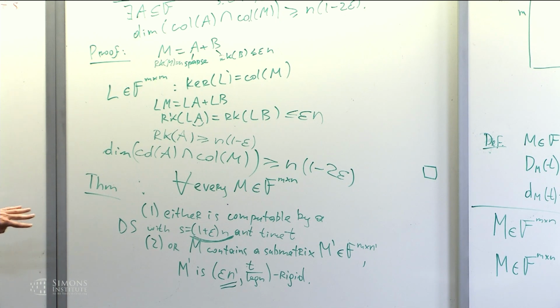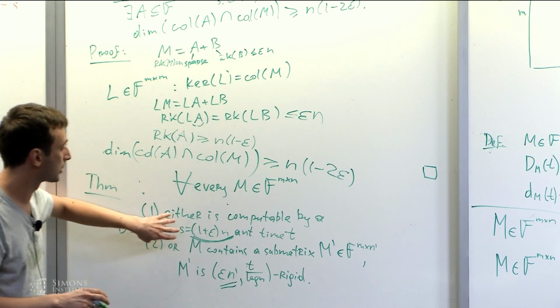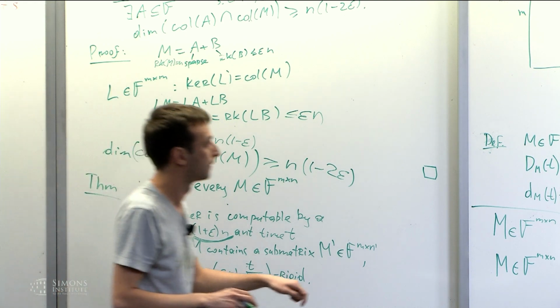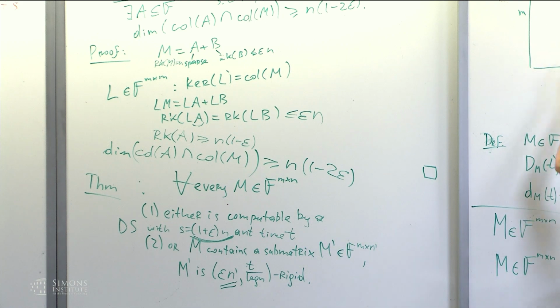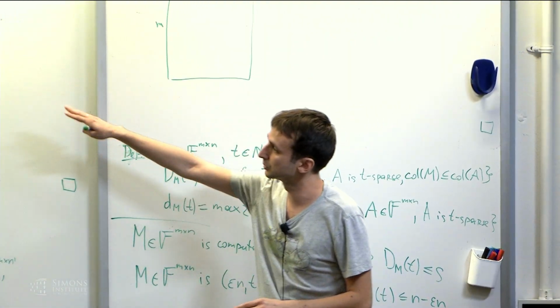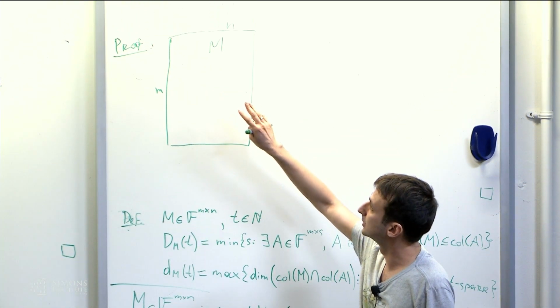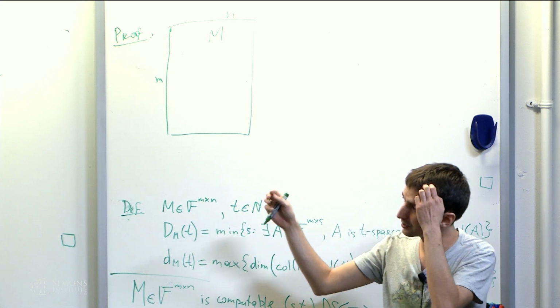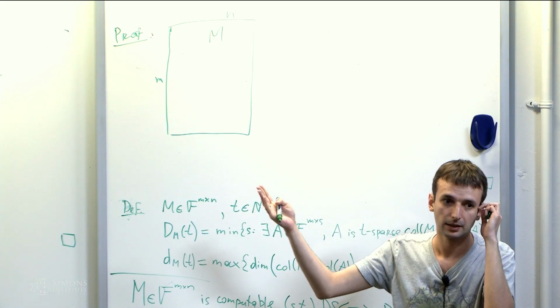And how do we prove this theorem? Now it's easier. Does the statement make sense? If you give me a matrix which cannot be computed by a data structure, then it contains rigidity. So here's the matrix, and I'm just going to be recursively using this lemma to prove the theorem. I look at the matrix you gave me, an m by n matrix. If it's already rigid, I'm done. I proved that it's rigid.